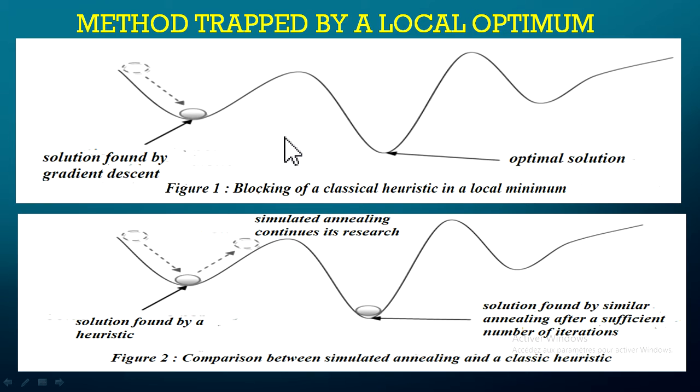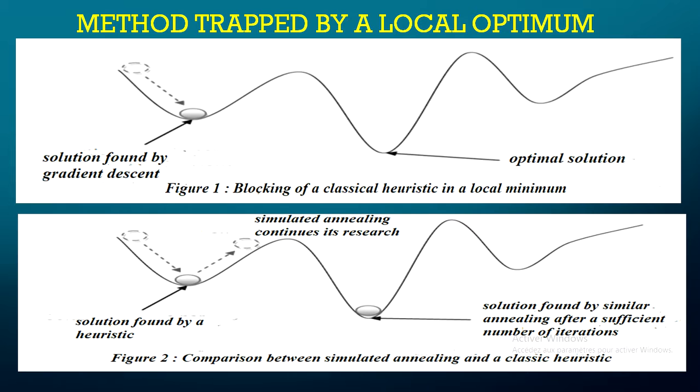So we see the quality of the solution is not optimal, it's a local minimum, because this is the optimal solution, which is the global minimum. So the gradient descent heuristic is blocked. The title of this illustration is the blocking of the classical heuristic, which is gradient descent, in a local minimum. So it is an inconvenience, a problem.